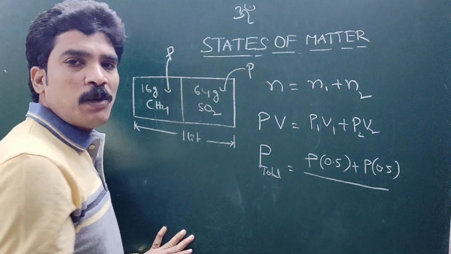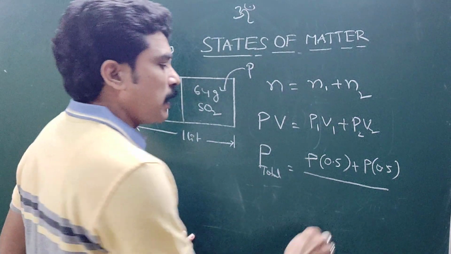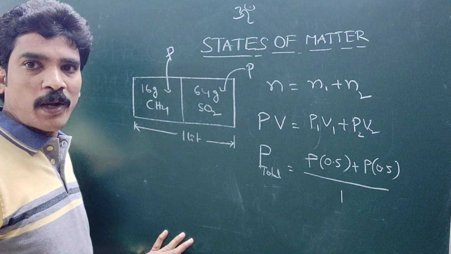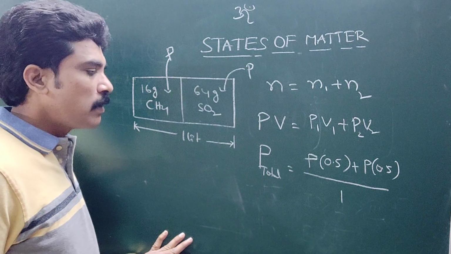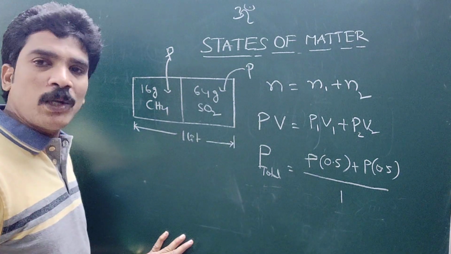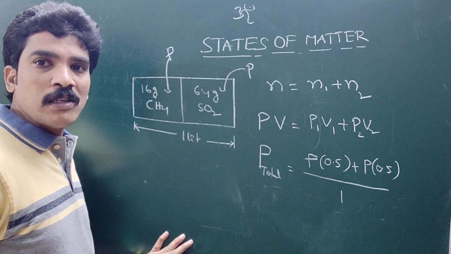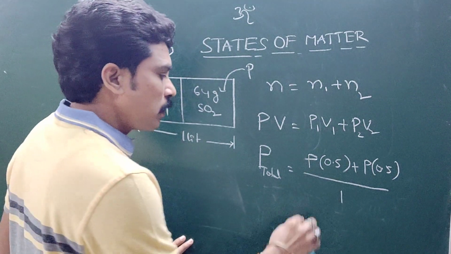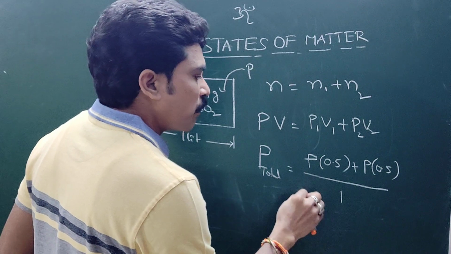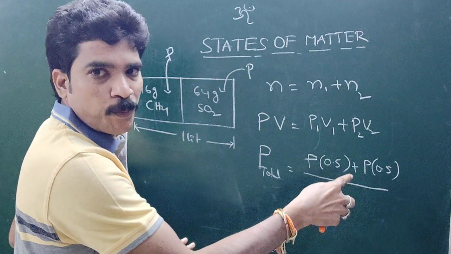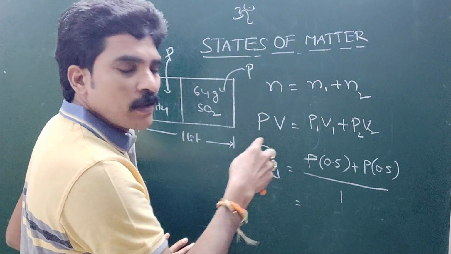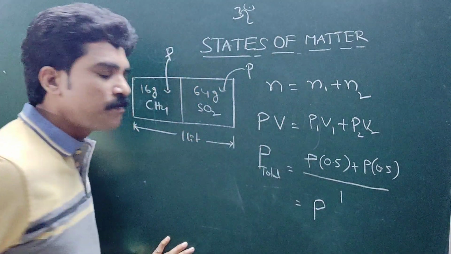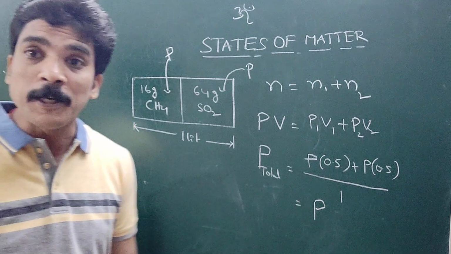The total volume of the vessel after removing the partition is 0.5 plus 0.5, which is 1 liter. Then P total is equal to how much? Taking 0.5 common, P plus P is 2P, so 2P into 0.5 gives the answer P.